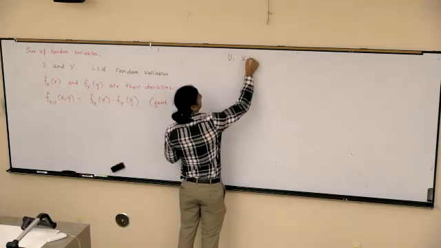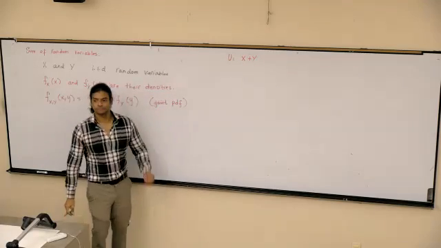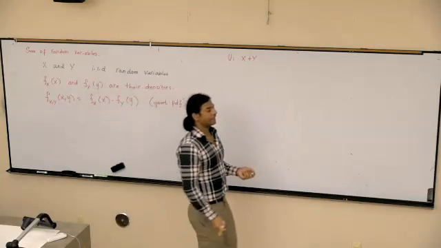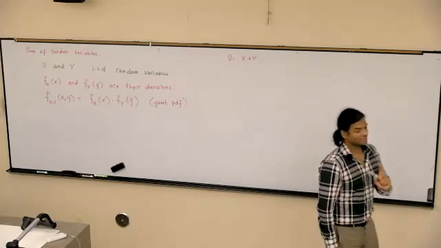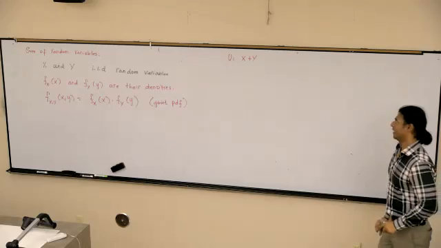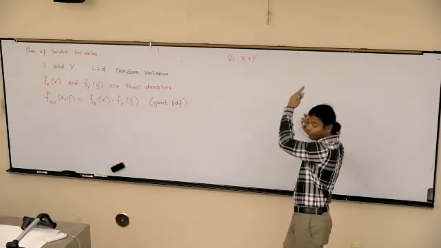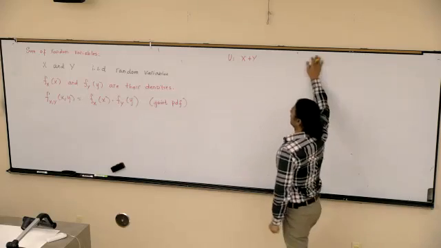Now, let's say I have U to be X plus Y. The sum of two random variables. Mind you, the easier way would be to use MGF. Makes things a lot easier when you have a whole lot of random variables.